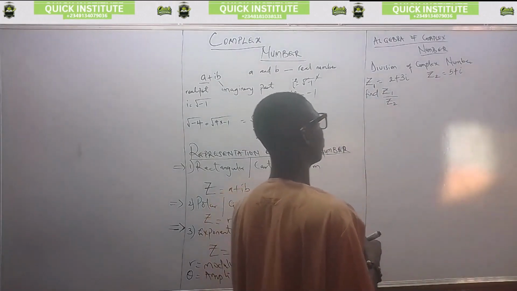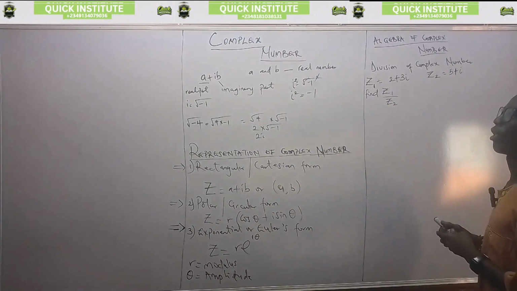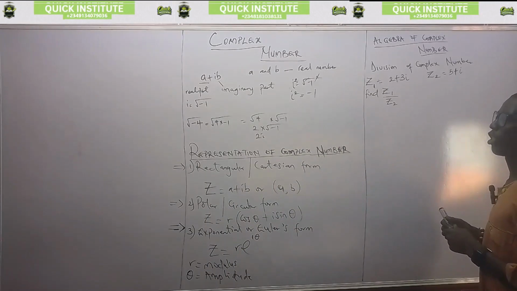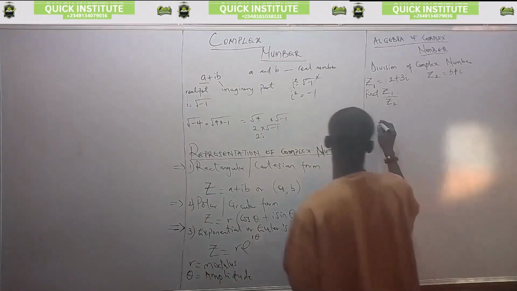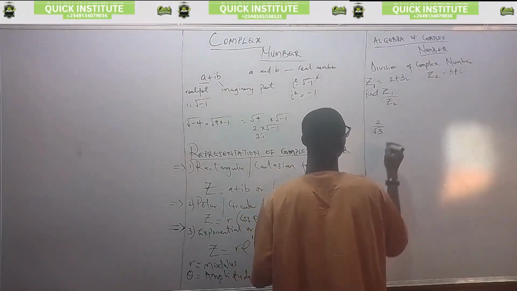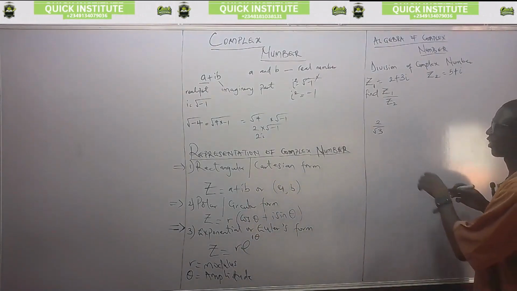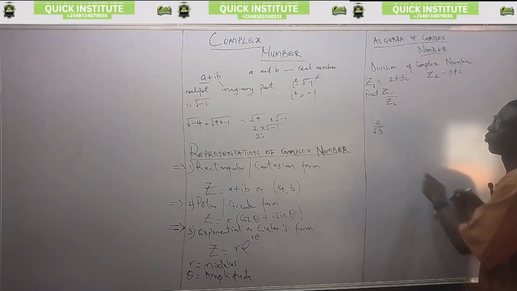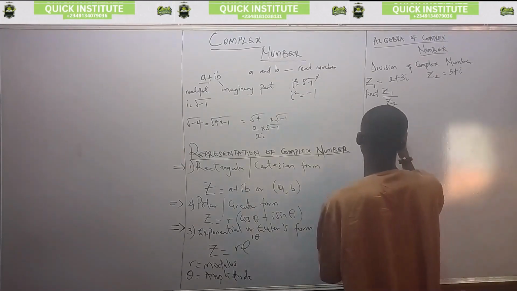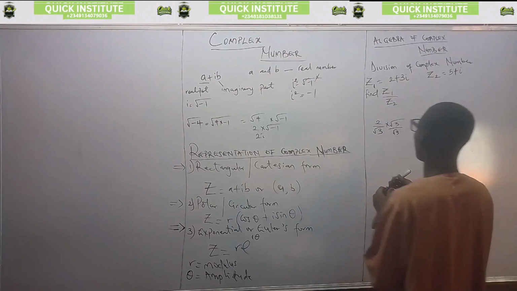To find division of complex numbers, as we saw with surds, if you have something like 2 over root 3, it is taboo to have a square root in the denominator. So we multiply by root 3 over root 3.